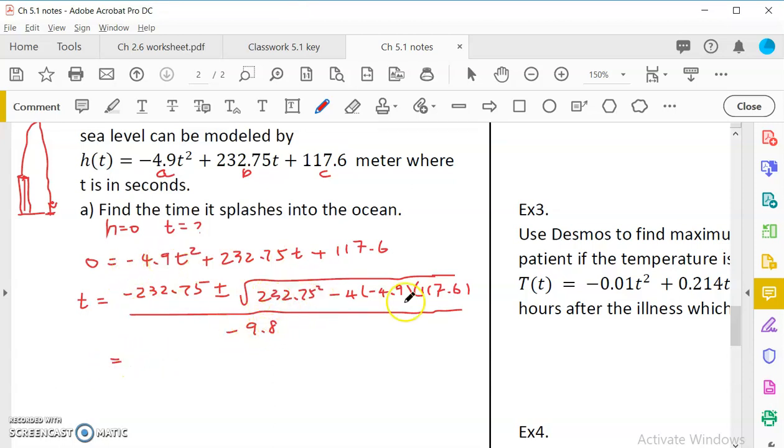Usually we do the inside first. So negative 232.75 plus and minus, what do I have? 232.75 squared minus 4 times negative 4.9 times 117.6.